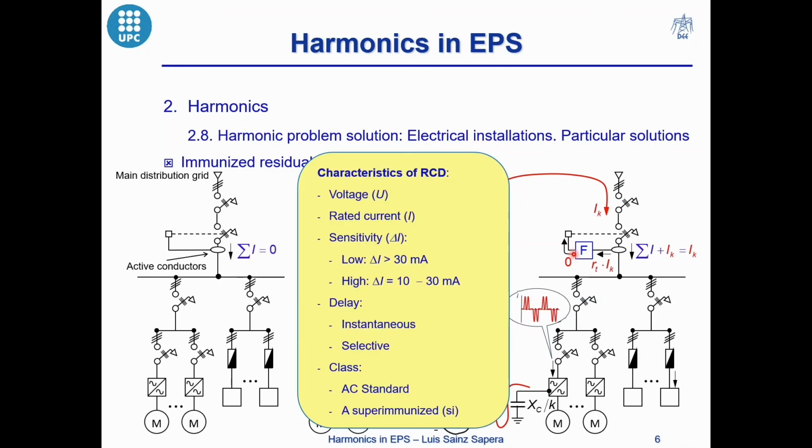The main characteristics of the immunized residual current devices are the voltage, the rated current, the sensitivity of the trip current, the delay of the switch trip, and the class.